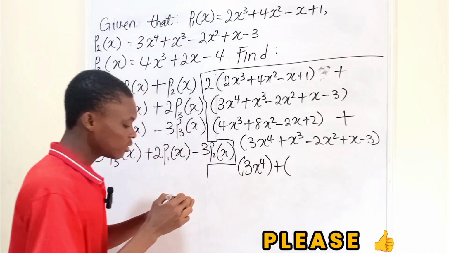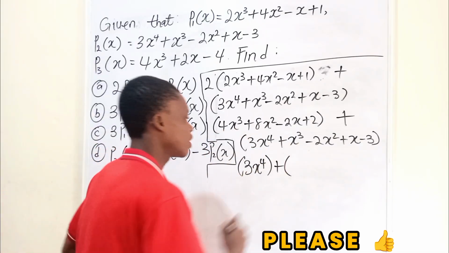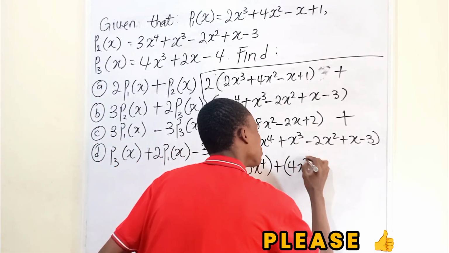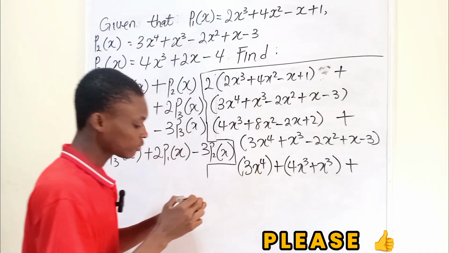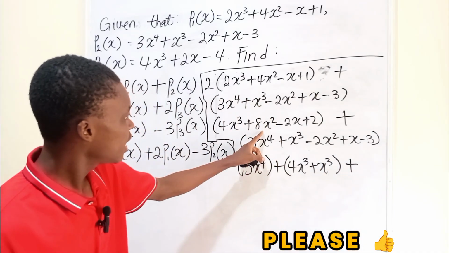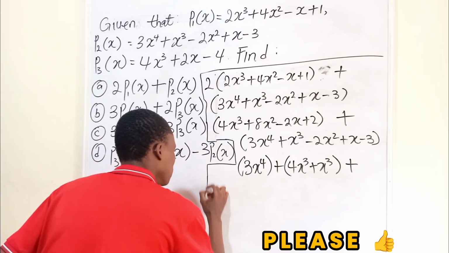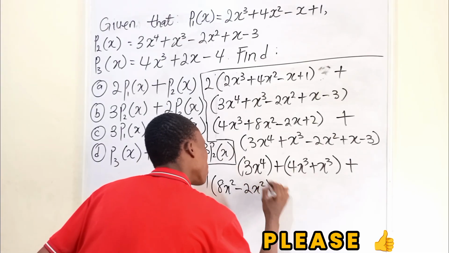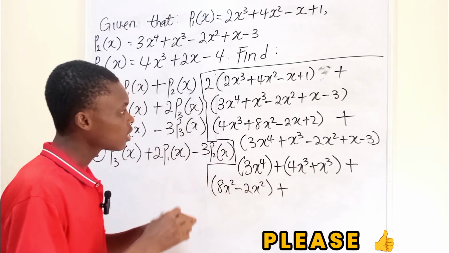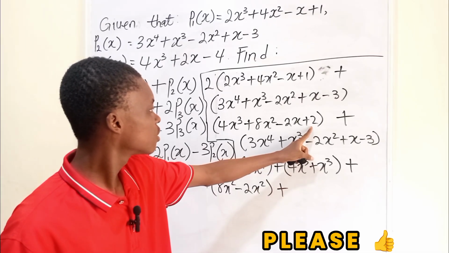Plus, into a bracket. The next power there is x cubed. So 4x cubed and x cubed go together. So this is 4x cubed plus x cubed, plus what next? 8x squared minus 2x squared. We add them together. Plus, since you are done with that, what next?